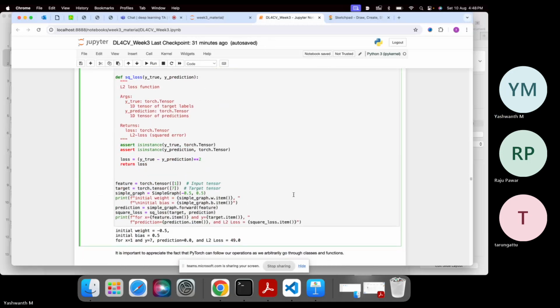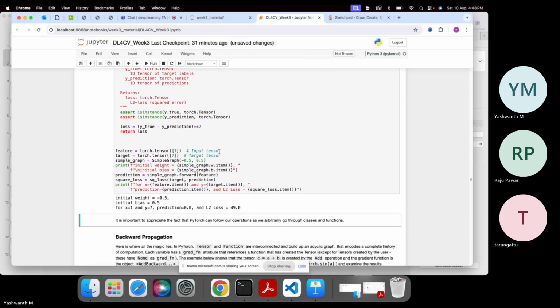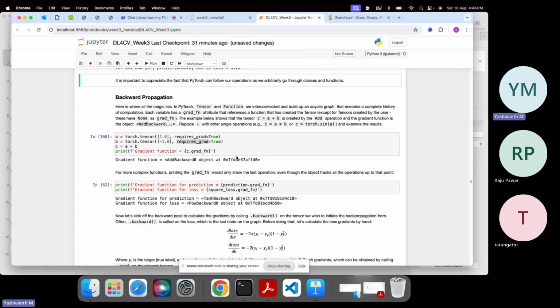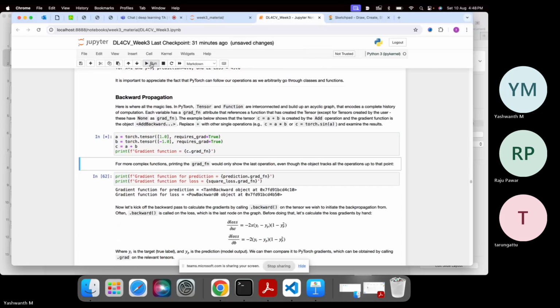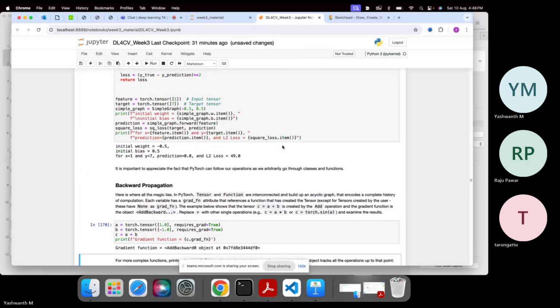And yeah, let's see. Now we come to the backpropagation part.